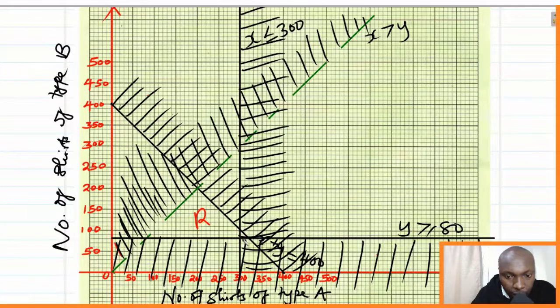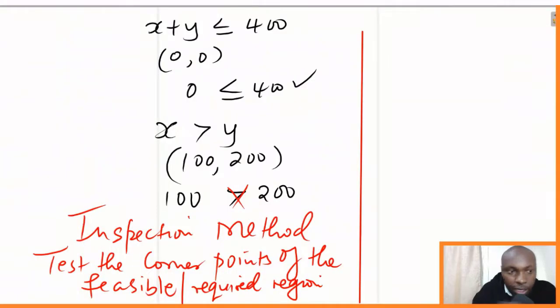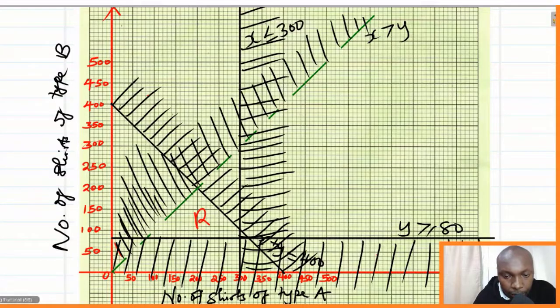We have this point here, that is 300, 80. That is the first point that we're going to test. And then we have another one here that you're going to test. This one is 300, 100.